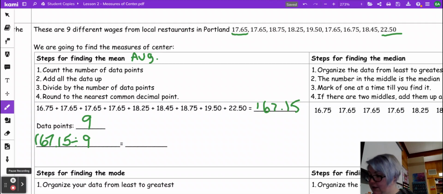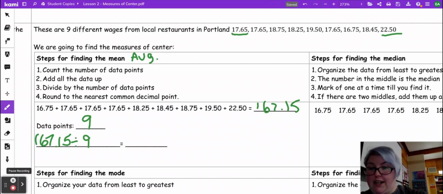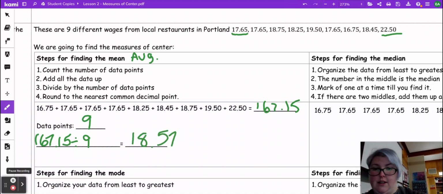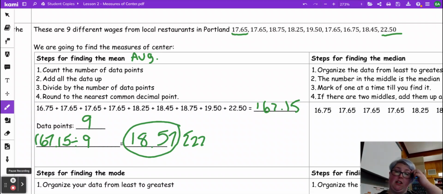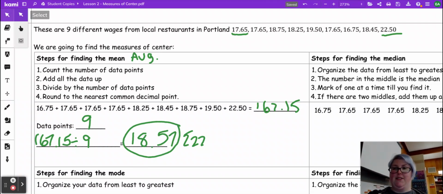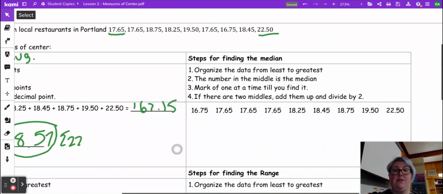That gives you an average wage of $18.57. This is 18.57222 repeating, so we're going to round that to $18.57.